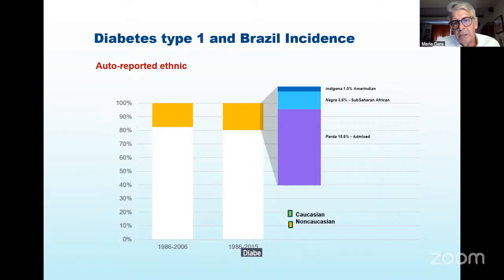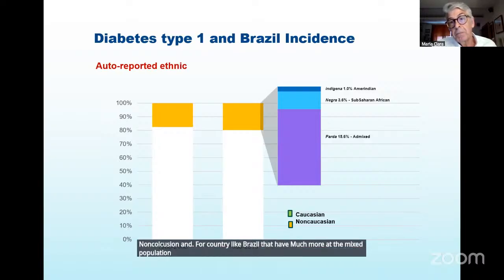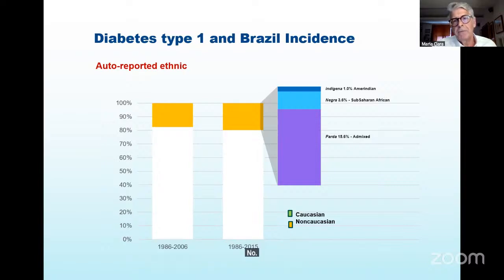Diabetes was once considered a problem of white people, but we now see that it's not only for Caucasians. There is a big relative proportion of non-Caucasians, and for a country like Brazil, which has a much more admixed population, it's very complicated to assume we're only going to have white people in the consultation rooms.